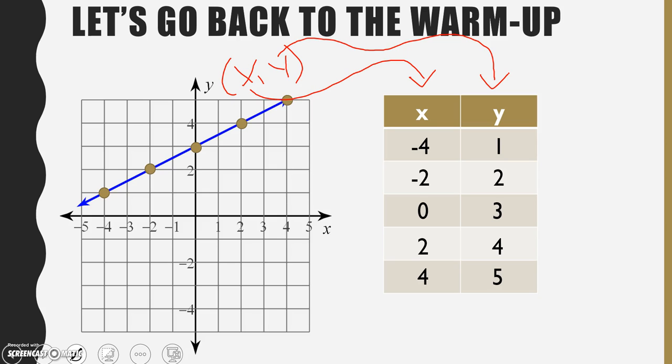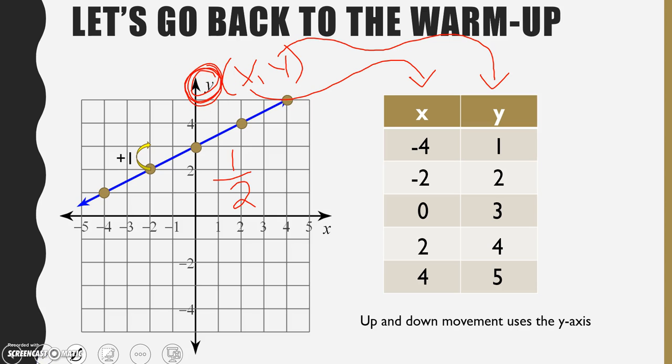All right, so then we've already found the slope of this line, and we know it's a positive 1 over 2. So if we look at this table, we can also find the slope of the line. So just like we went up 1, we can look at our y values because remember the rise is the y-axis.